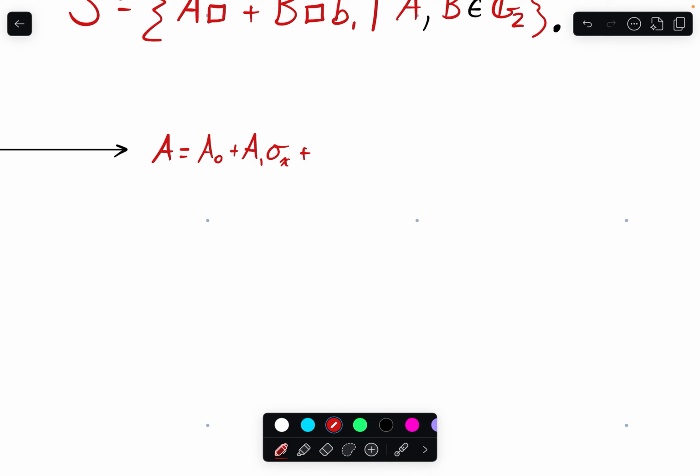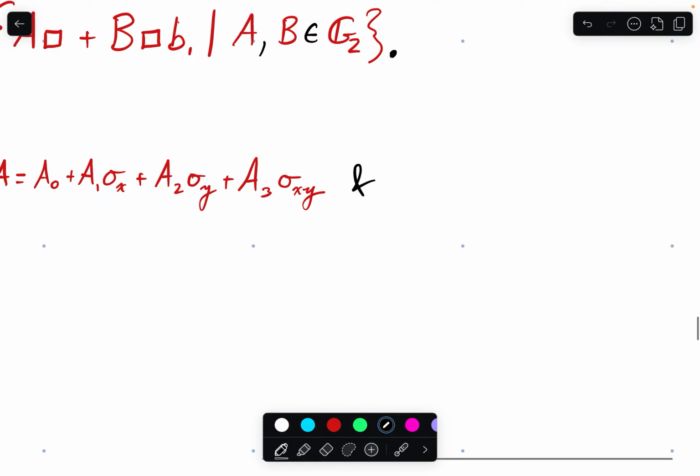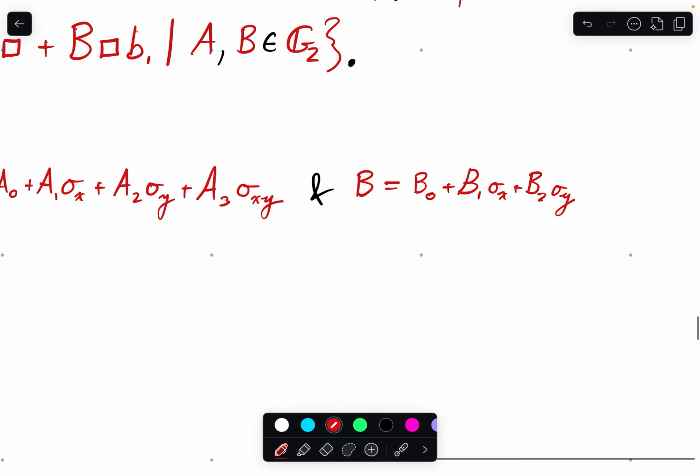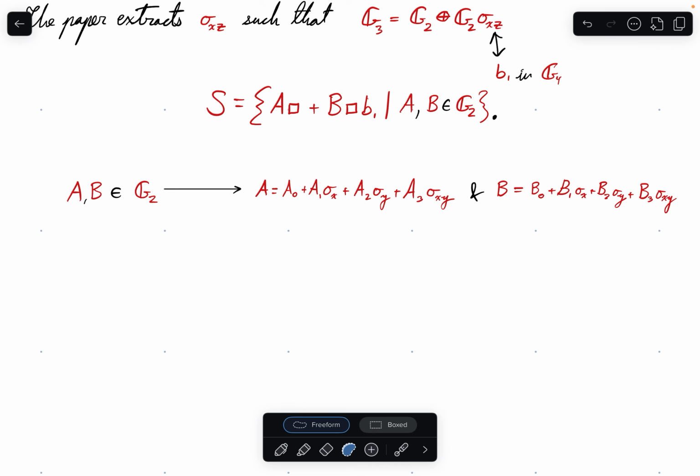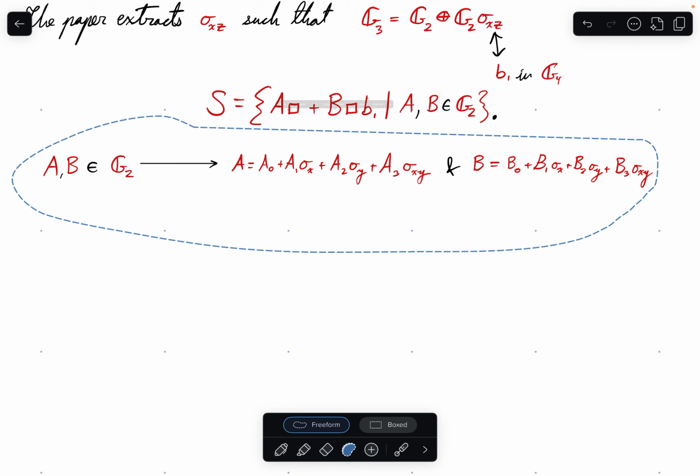Well, it's a little unfortunate here, but I have A2 sigma y plus A3 sigma xy, and then B has the exact same form, which is B naught plus B1 sigma x plus B2 sigma y plus B3 sigma xy, like such. Okay, no, I think this is correct. I'm doing this all correctly.